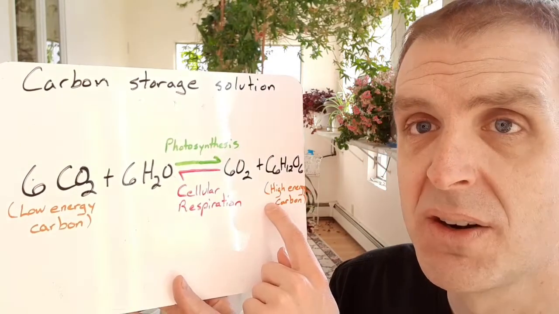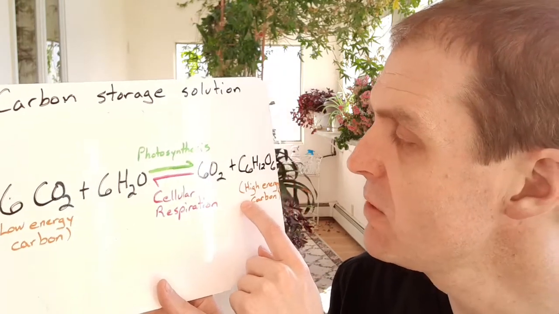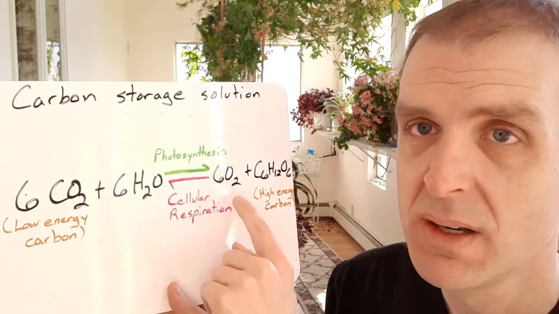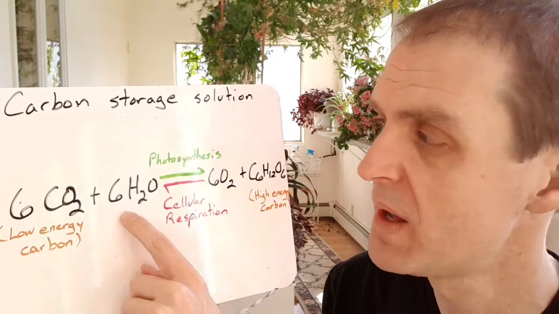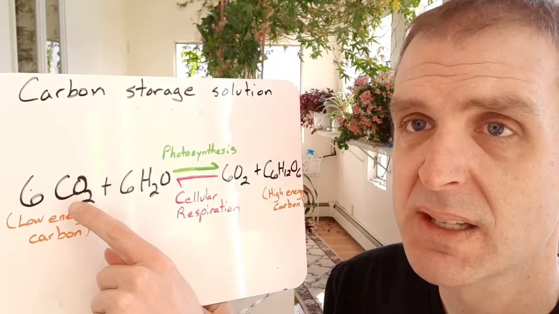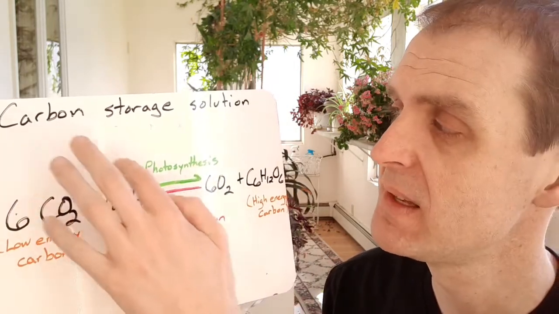Then, when you need energy, whether it's the plant or the animal that eats the plant, you can take those sugar molecules plus oxygen, reverse the process, and end up with water and CO2 as a byproduct. Now, to get the system to go in this direction, you have to have a source of energy, and that is sunlight.